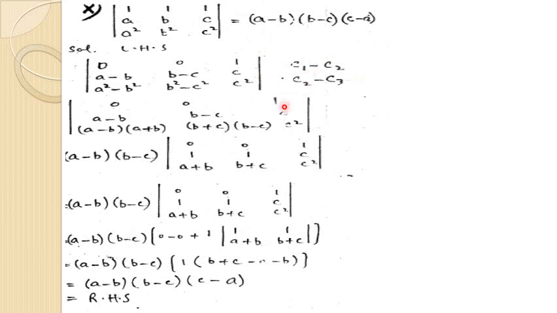Now you can open by first row 1, so 0 0 minus 1, so this thing. Same process, same procedure you can do.